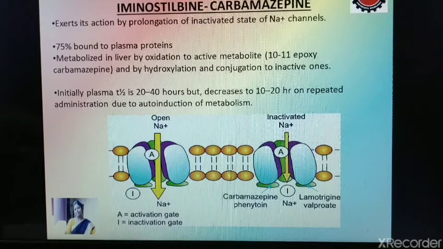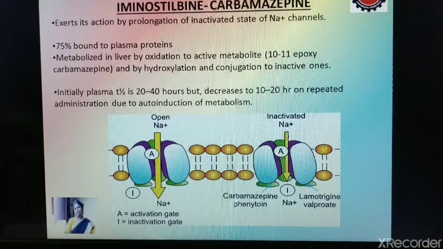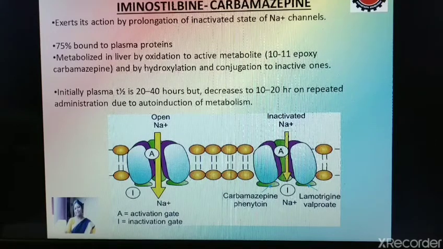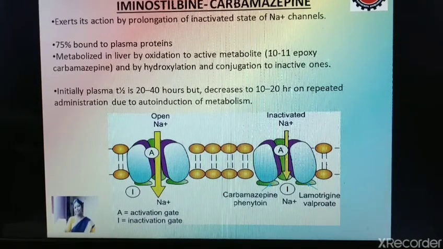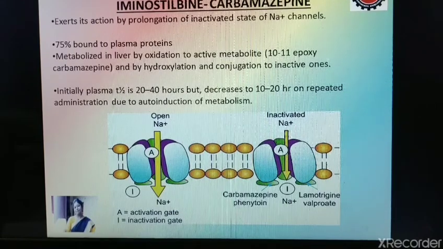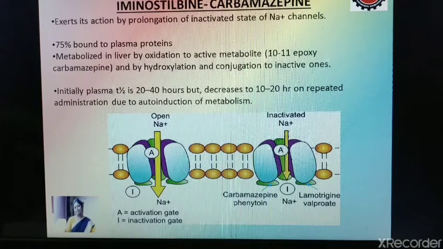Carbamazepine is 75% bound to plasma proteins and metabolized in the liver and produces an active metabolite as well as inactive metabolites. The active metabolite is produced by oxidation and the metabolite is 10,11-epoxycarbamazepine, whereas the hydroxylation and conjugation reactions give rise to the inactive metabolites.